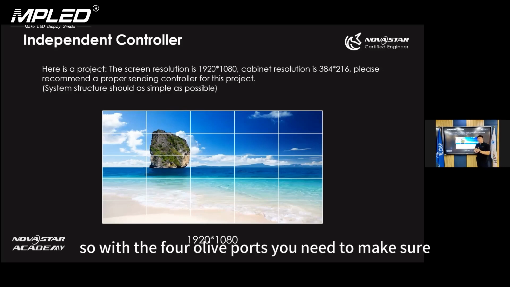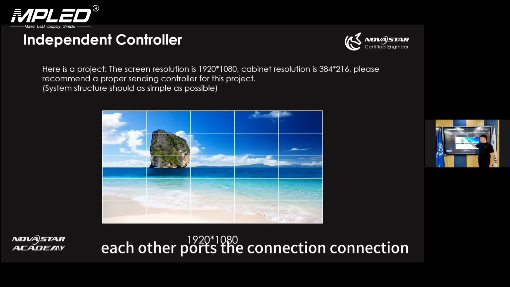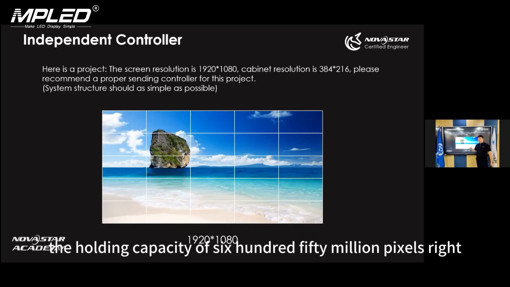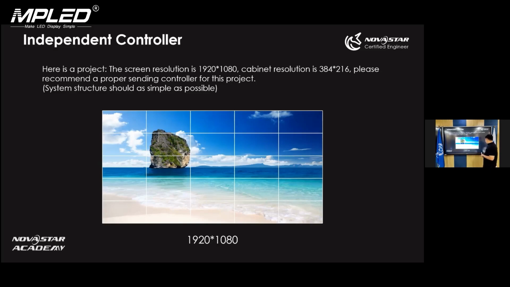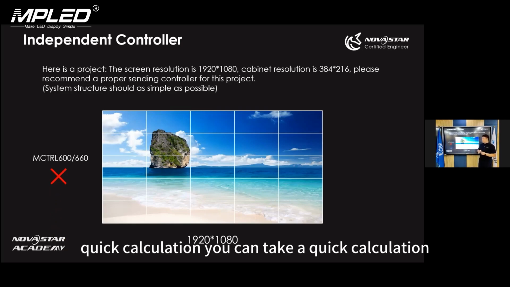So with 4 output ports, you need to make sure that each output port's connection area does not exceed the loading capacity of 650 megapixels. If we use this one, it's not enough. You can take a quick calculation.